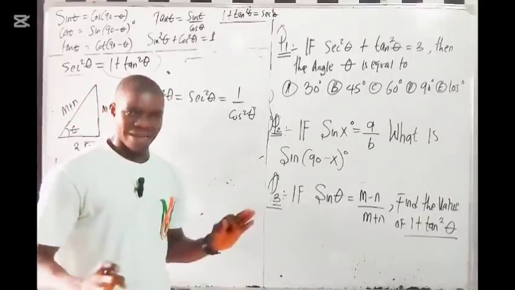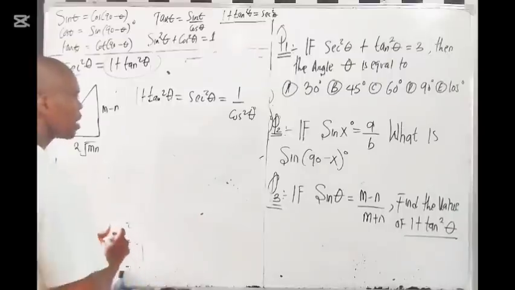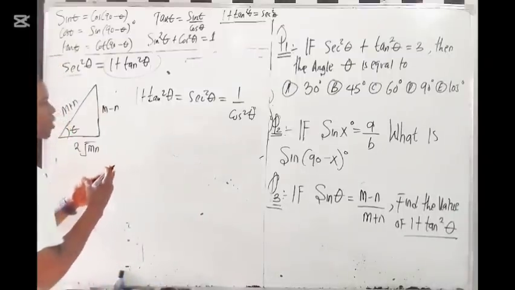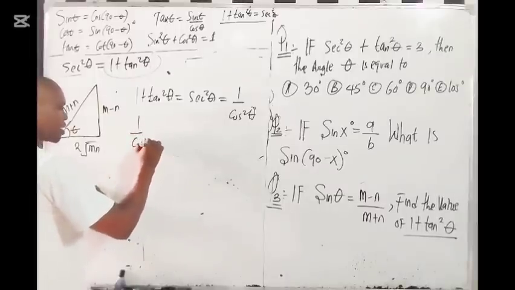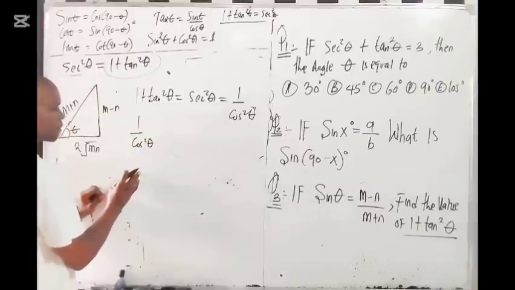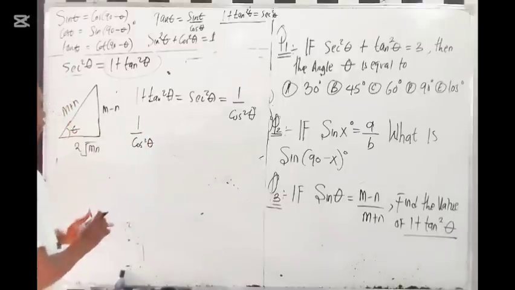They are related. I know that what we want to calculate here is 1 over cos square theta. Okay, hope you understand. Now, what is cos theta?